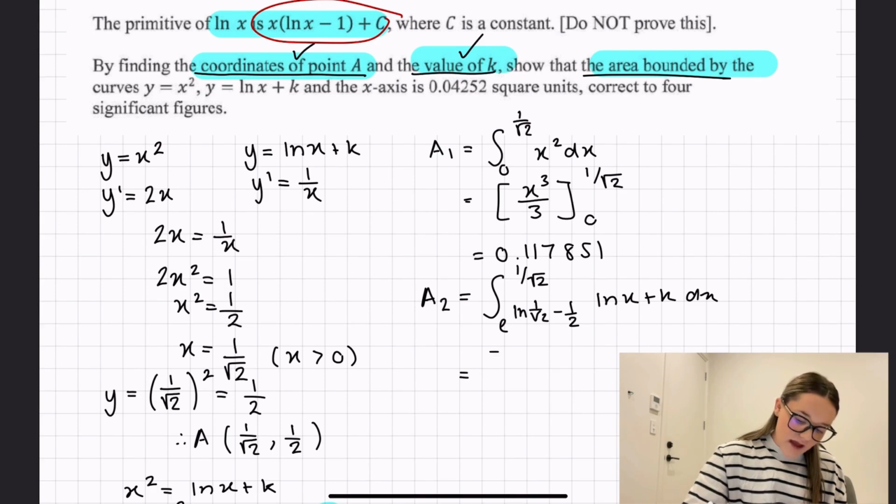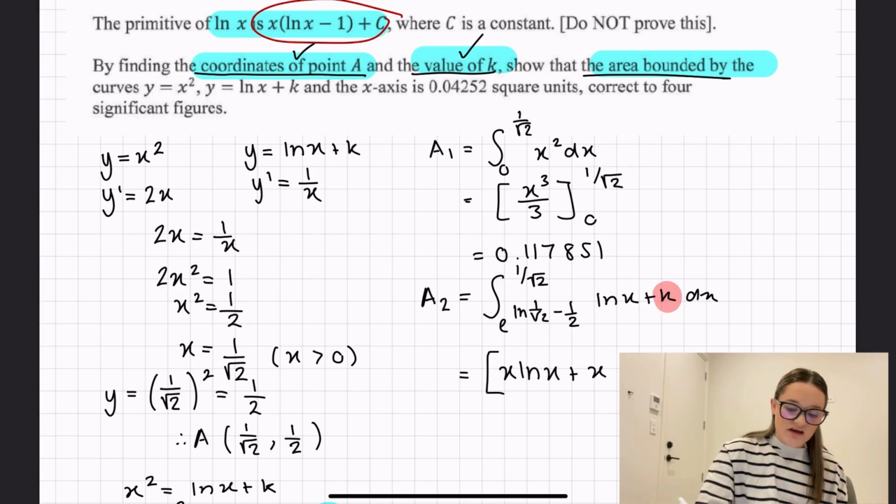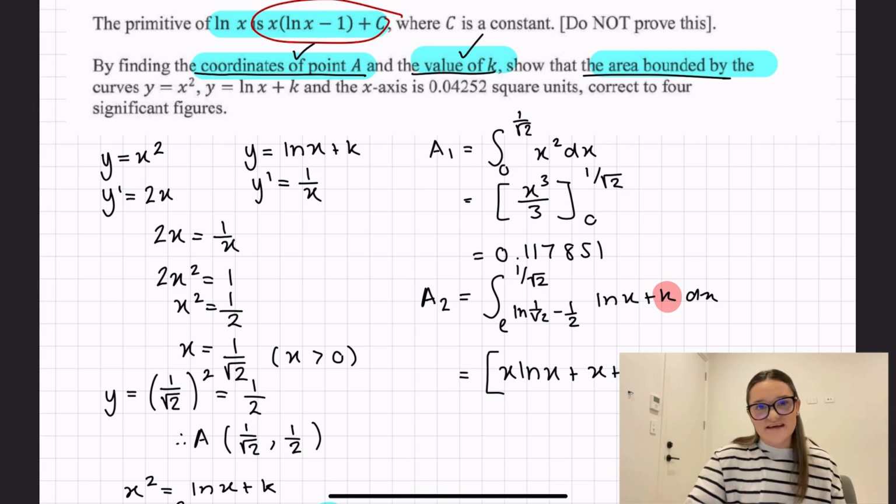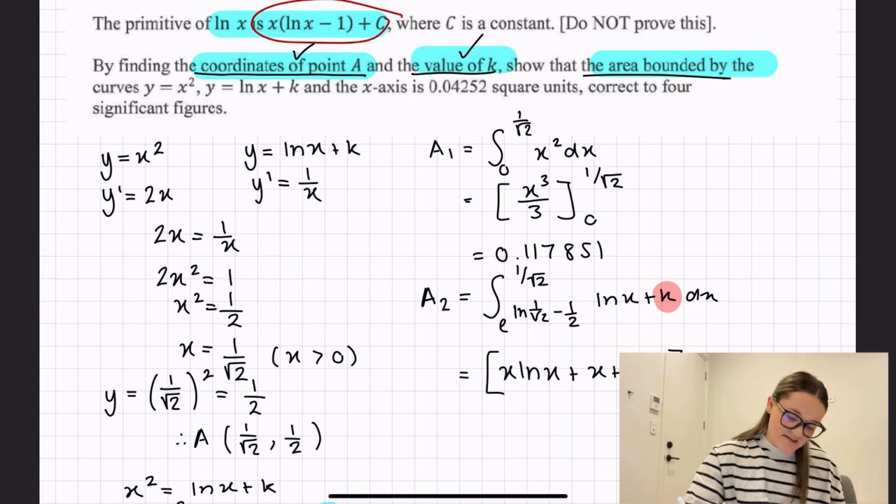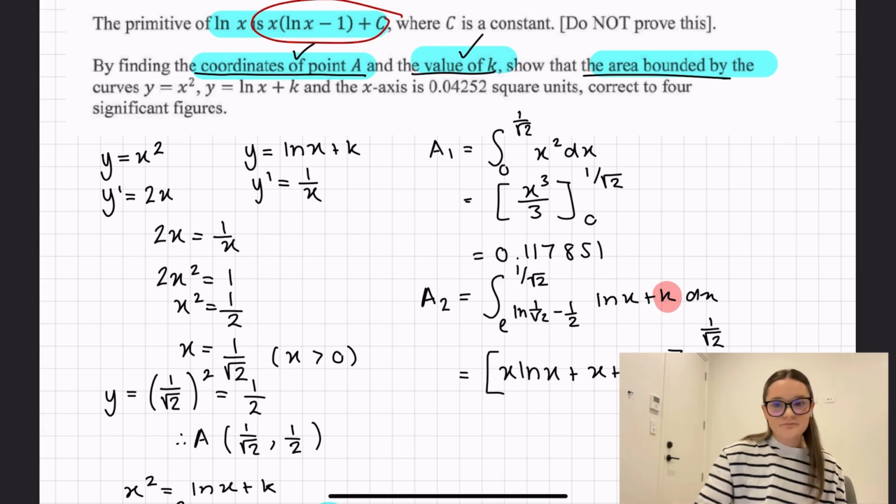So I'm going to expand out the brackets to what they've given me here, and I'm going to get x ln x plus x. And this k value here is just a constant, so this is just going to be kx like that. We can substitute the value of k in later, just so that it doesn't get too messy at the moment. So we get 1 on root 2 and still my e to the ln 1 on root 2 minus 1 half.